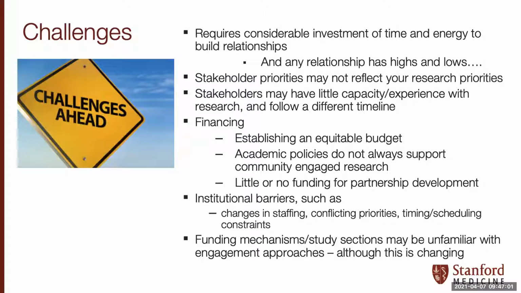So for instance, if we are asking for community feedback at the beginning on our intervention or our program, perhaps the next stages in our study are not very clearly developed yet because we're waiting for that feedback to actually inform the work and inform the next stages. But oftentimes funders or others have a hard time seeing that. Why is everything not completely laid out yet? Why is this a little more flexible and a little bit more fluid? So we're still doing some education, but that is oftentimes changing, and changing for the better now.